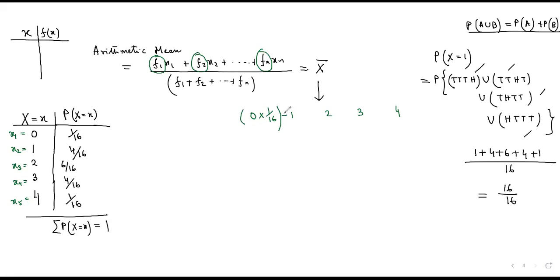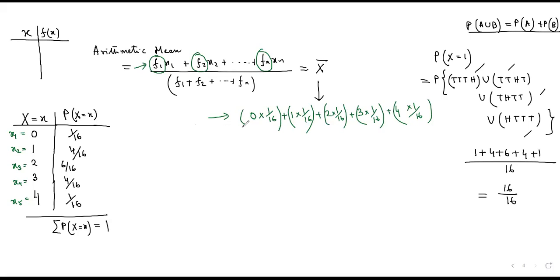So I'm considering 0 into 1 by 16, 1 into 4 by 16, 2 into 6 by 16, plus 3 into 4 by 16, plus 4 into 1 by 16. Just look at this particular thing. That is what I am doing over here. The only difference is that we do not have frequency right now. We have the probabilities, and we are calculating.